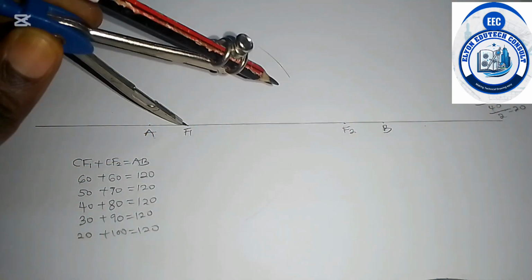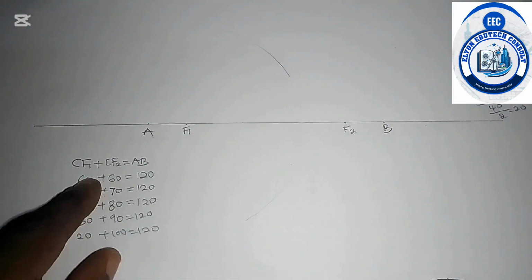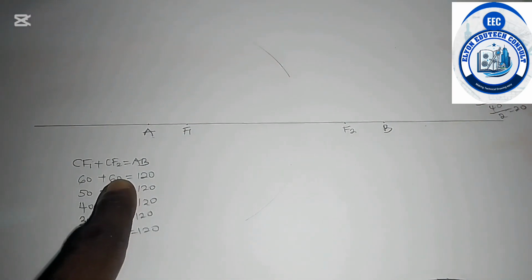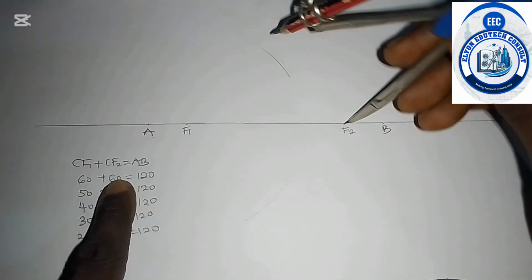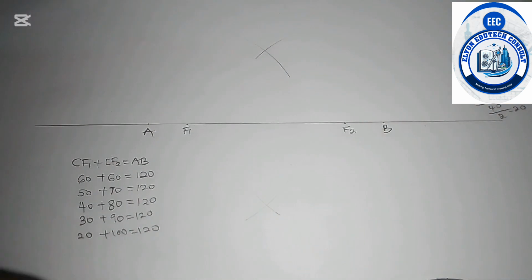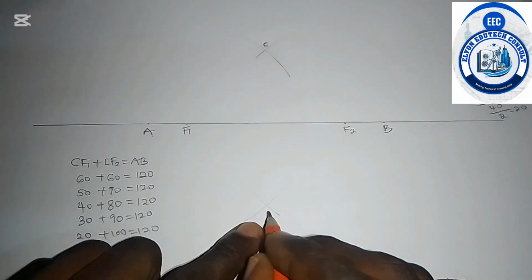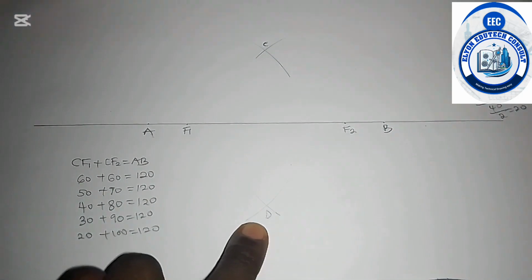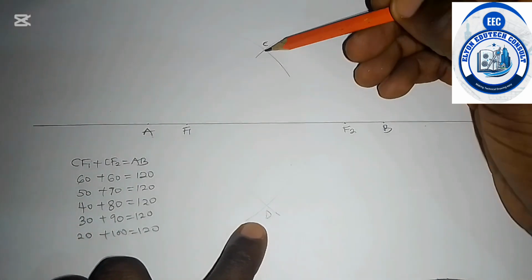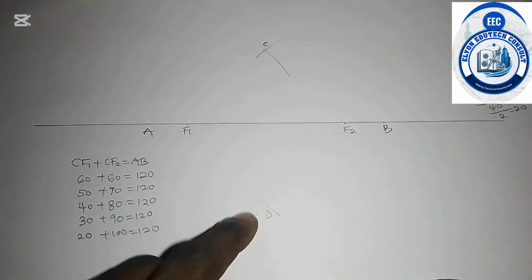Then with the same compass radius of 60, because the other side is also 60, place at F2 and strike an intersecting arc. The points of intersection I will call C and D, which means my minor axis will be the distance from C to D, which we'll be measuring out later.